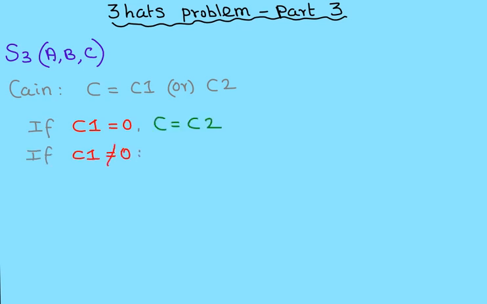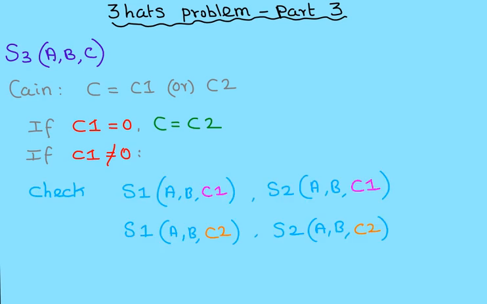If c1 is not equal to 0, then he checks both c1 and c2 to see what happens to the first two statements. He knows that one of his possible values, which is the actual number, results in the first two statements being 0.